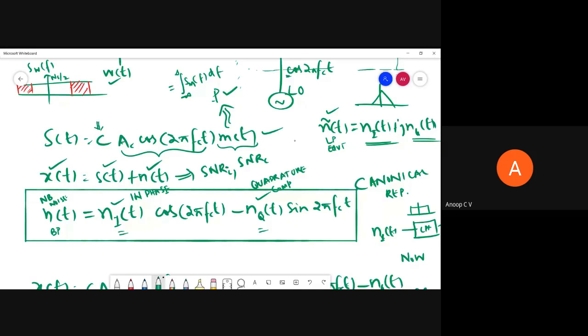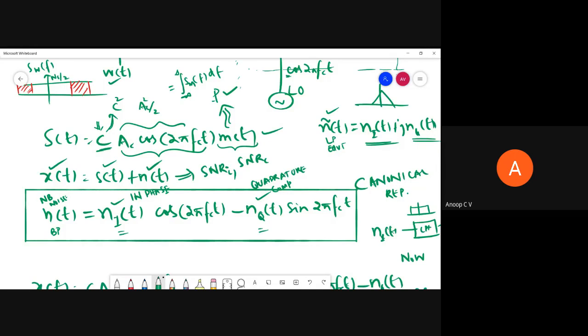Now what will be the power of this carrier part? AC cos 2 pi FCT, its power will be equal to AC square by 2. That is the average power delivered to a 1 ohm resistor. And C is a constant part, so it will contribute as C square. So for the total power, you can multiply all these things.